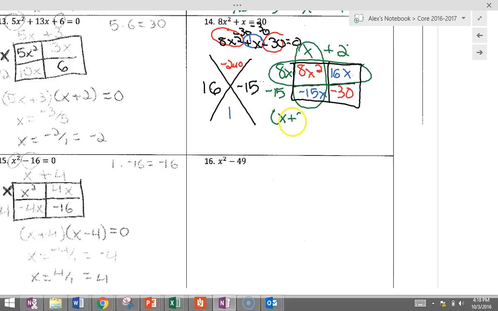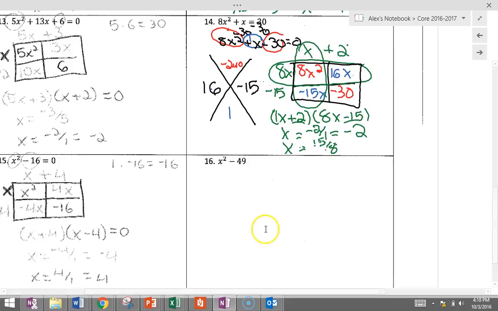I have x plus 2 times 8x minus 15. So x equals, change the sign, negative 2 divided by 1, which is negative 2. And x equals, change the sign, which is positive 15/8. So x equals negative 2 and 15/8.